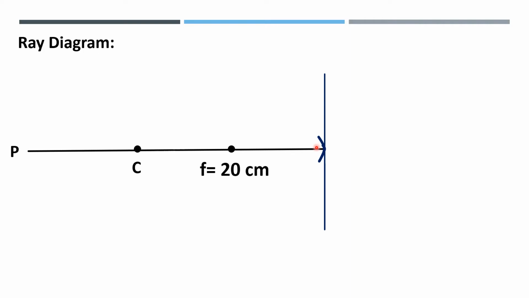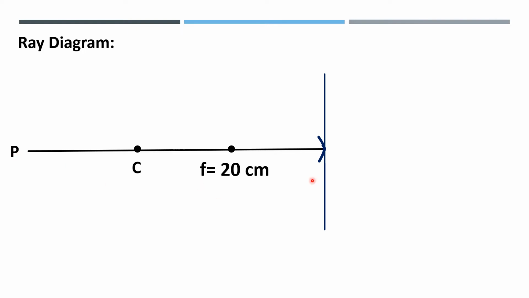And it is given that the focal length is 20 centimeters. Now, twice the focal length is what we call the radius of the circle. That is denoted here by capital C. Capital P stands for the principal axis.